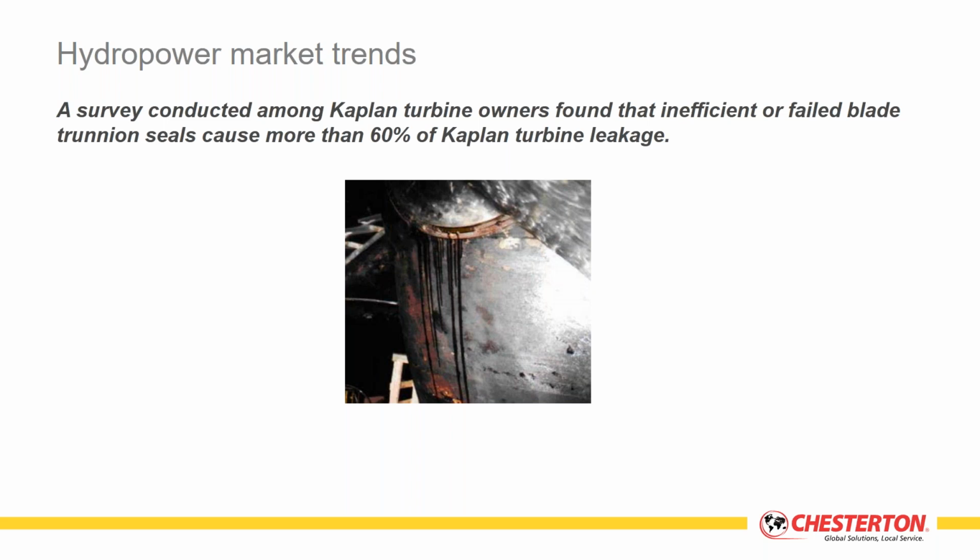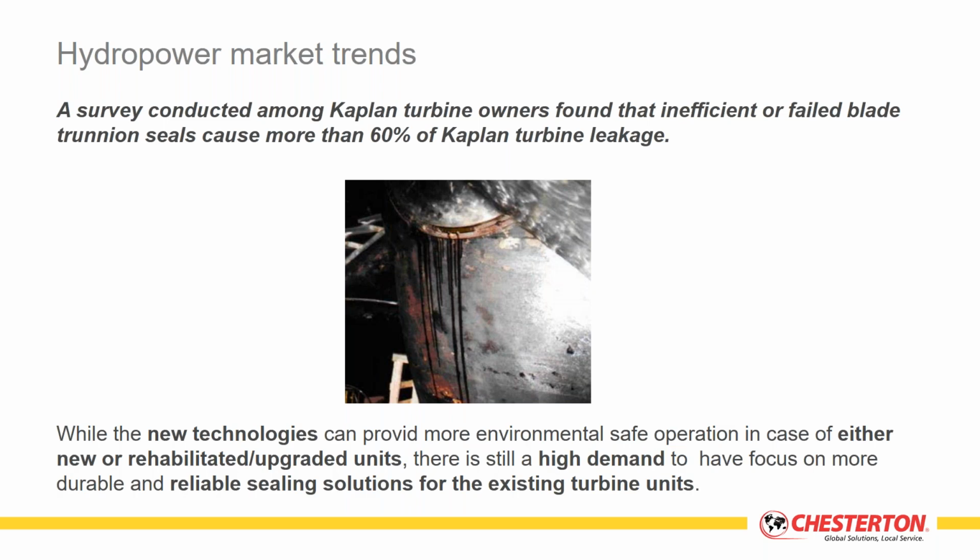So 60% is a significant number. It means we have to really focus on a reliable sealing solution for the Kaplan runner blade application. And if we provide a reliable solution, we can solve at least 60% of the problems to the hydropower owners and operators.